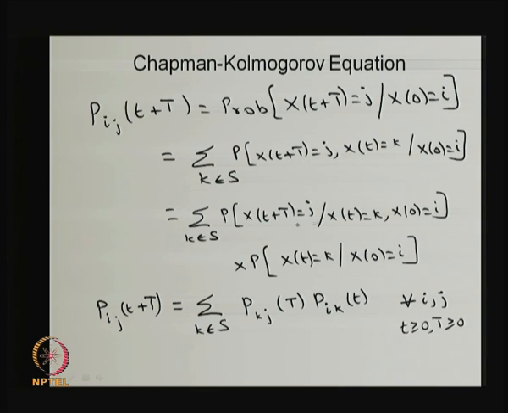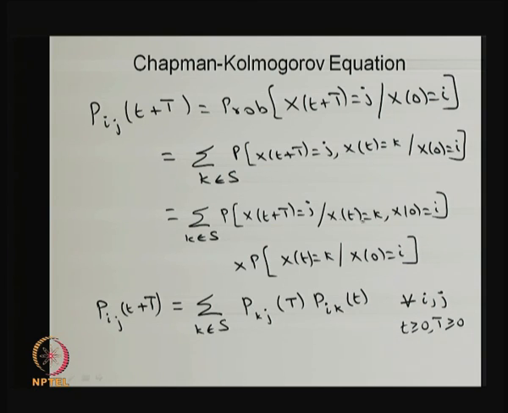Here it is the probability mass function, whereas this is a conditional probability mass function: the conditional probability mass function of the system being in the state j at time point small t plus capital T, given that it was in the state I at time point 0 as well as in the state k at time point t, and you know that 0 is less than t plus capital T, because the way we made it, all these values are greater than 0.